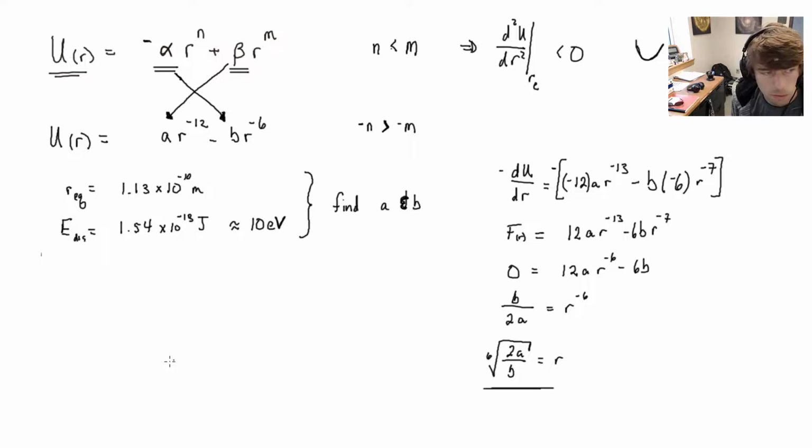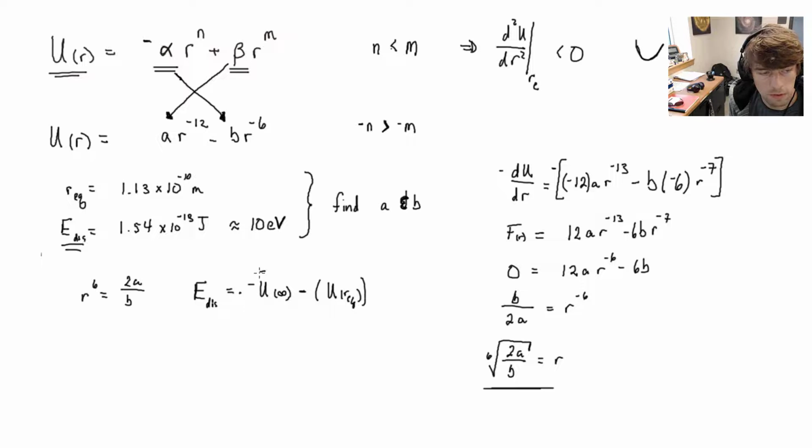Okay. So now we have that r to the 6th is equal to 2A over B. And we have the dissociation energy, namely that E dissociation is equal to negative U of infinity minus U of r equilibrium. How much energy does it take to actually take this thing to infinity?